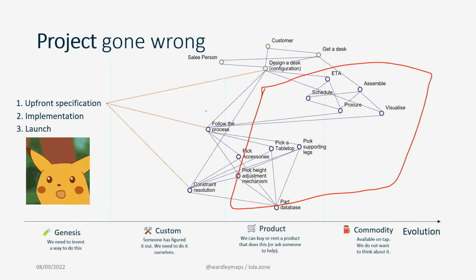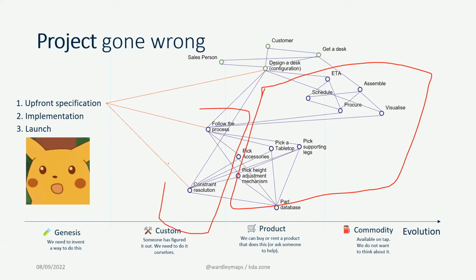Whereas this stuff on the left-hand side cannot be specified, so it should be done with frequent checks with the customer or customer representative in order to verify that we are working in the right direction. So you are getting here one size doesn't fit all, because almost any project needs to connect two methodologies.